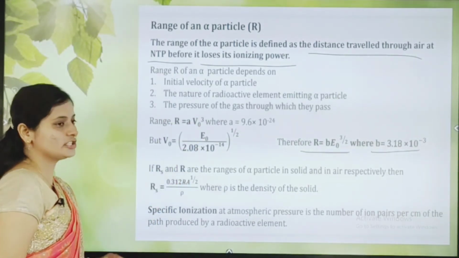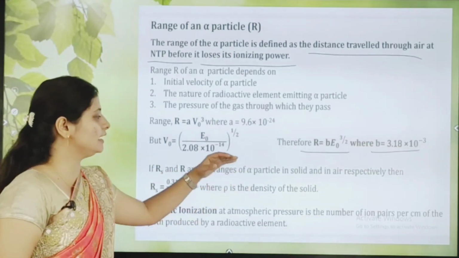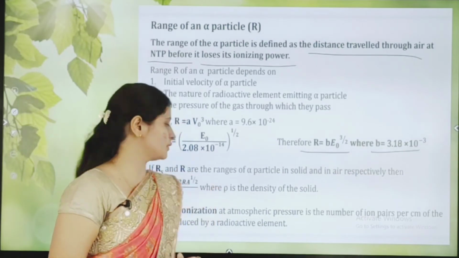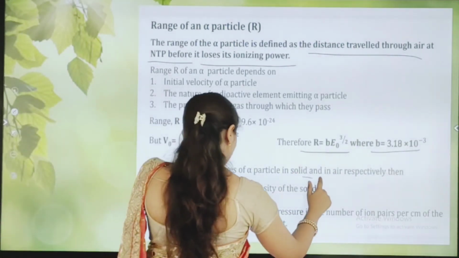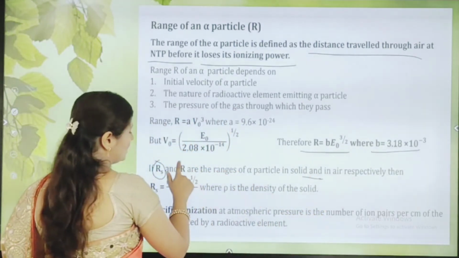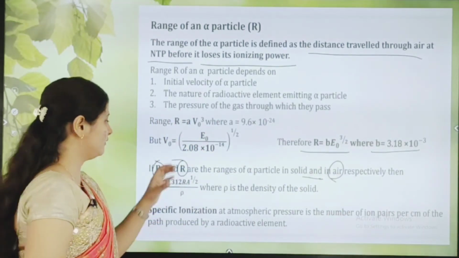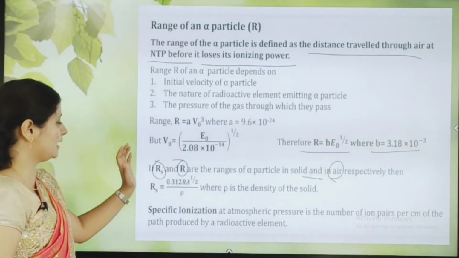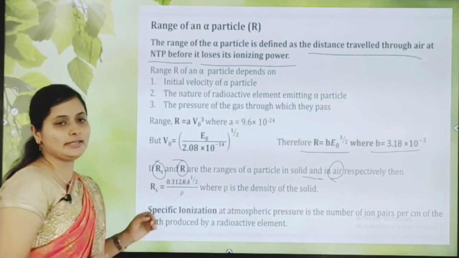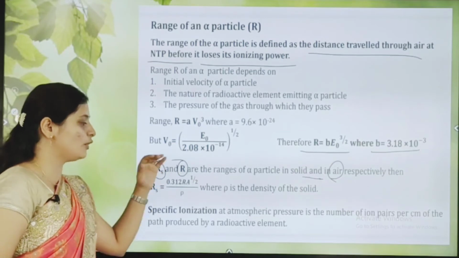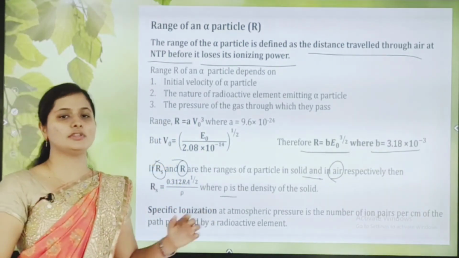Next, the continuation part. If Rs and R are the ranges of an alpha particle in a solid and in air, here Rs is the range in a solid, and R is the range of the alpha particle in air. Then Rs is equal to 0.312 times R A raised to half divided by rho, where rho is the density of the solid.